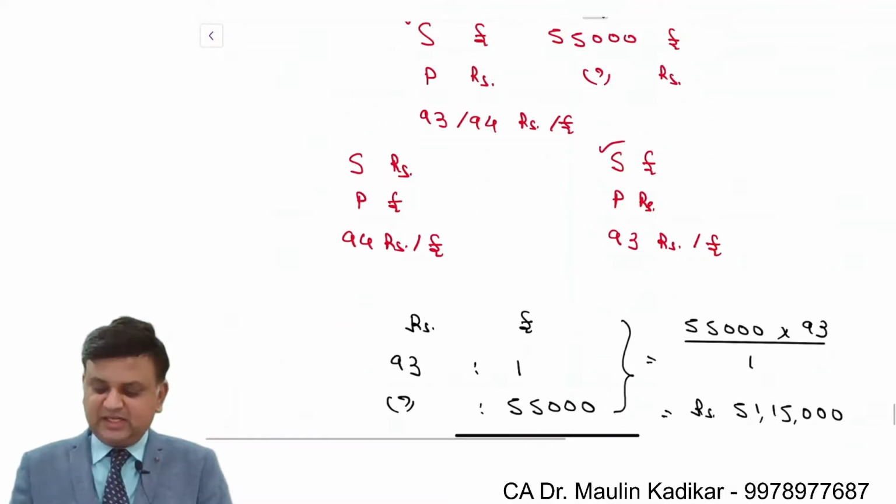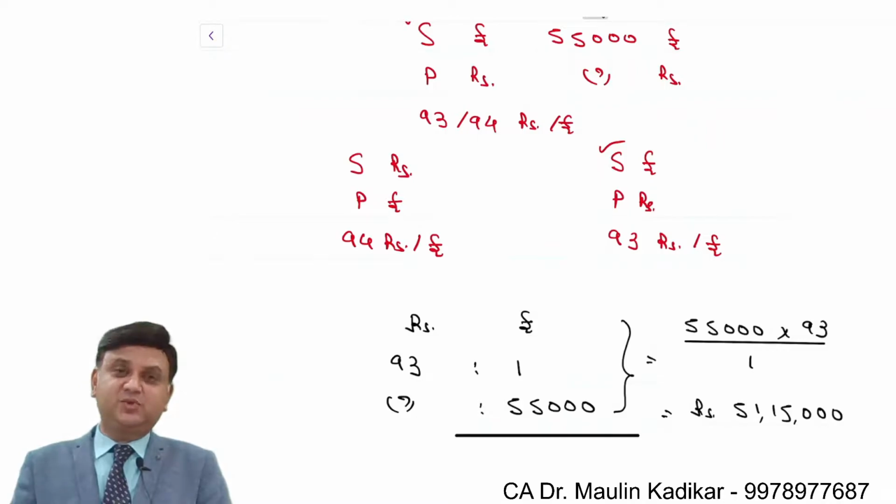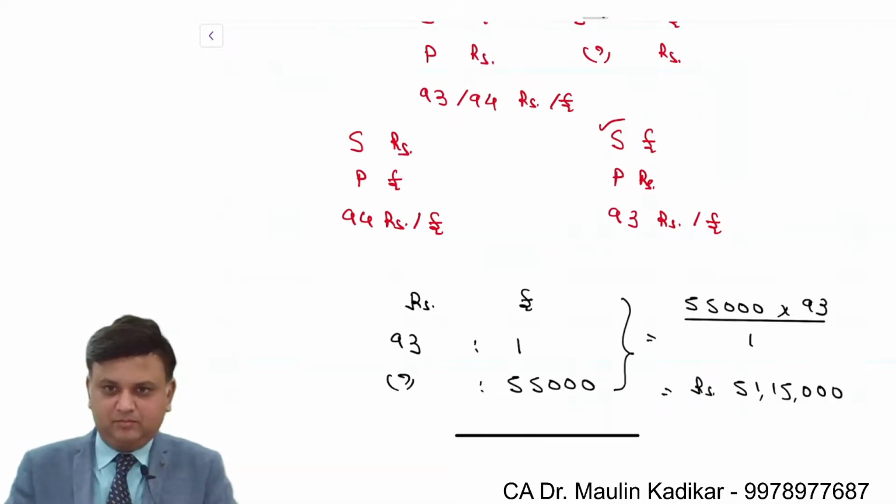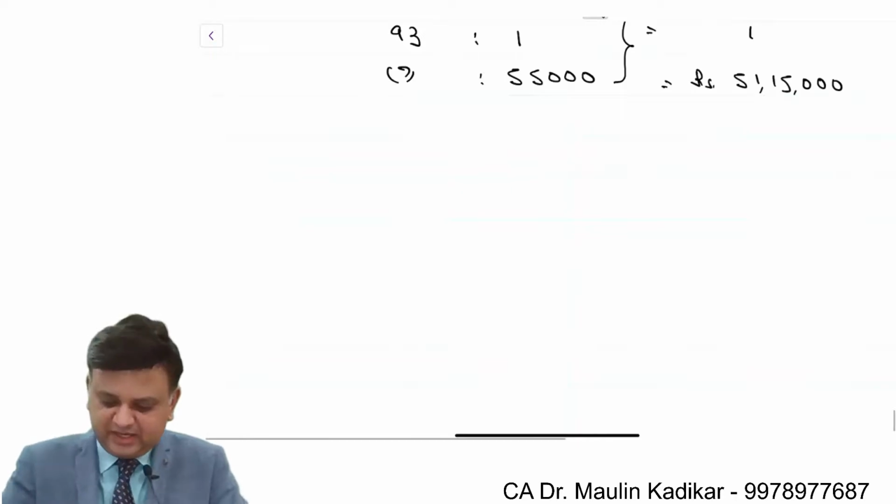That is the way we are required to calculate the answer. The spot exchange rate on 31st of March, which is provided to us, is of no use to us. Why? Because the forward contract has already been entered upon. Just write down one line as a note.